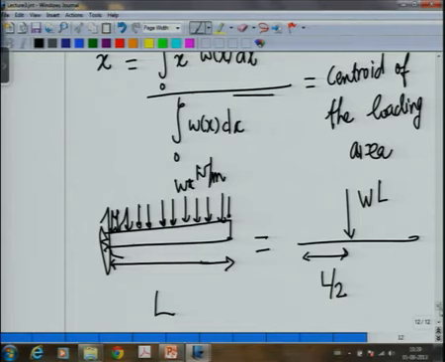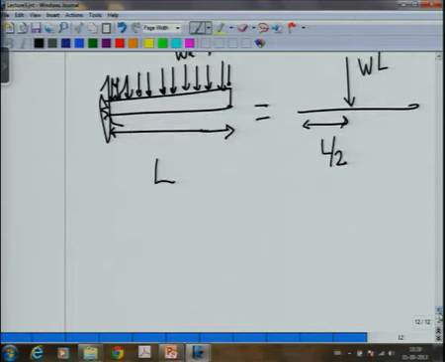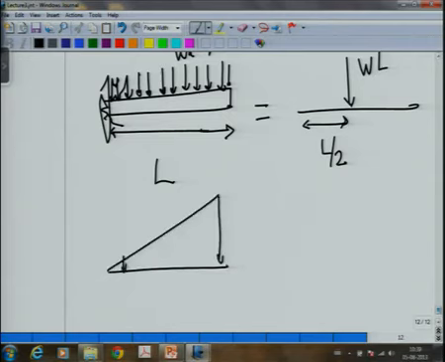Now, if we have a beam like this, and there is a triangular loading. It starts from 0 and becomes W at the end. So that means the loading here is 0, it becomes W at the end.